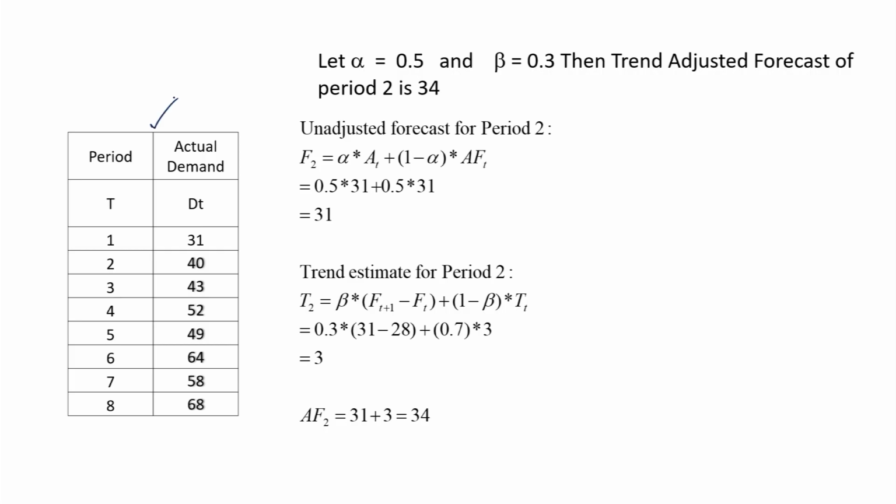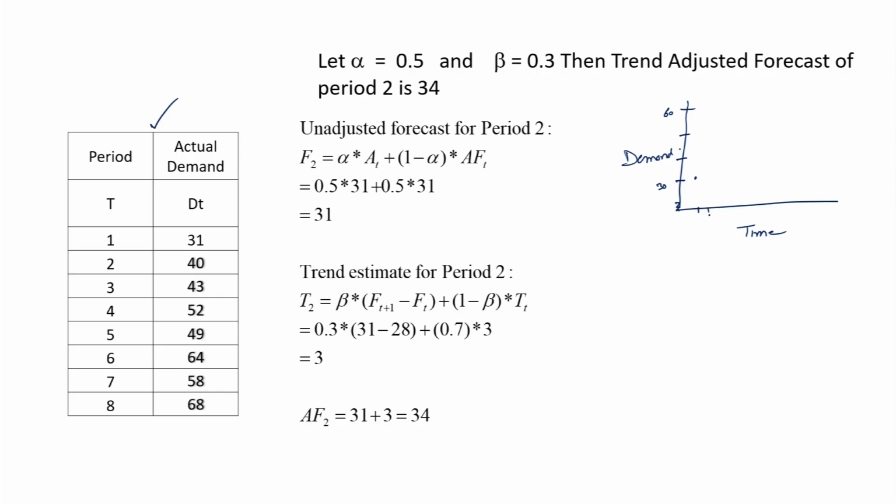This is my data and you are finding that in period 1 the demand was 31 and it is increasing. If I plot the graph, time versus demand, in period 1 the demand is 31, let us mark this 30, 40, 50, 60.